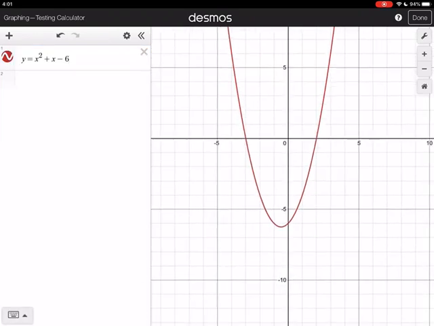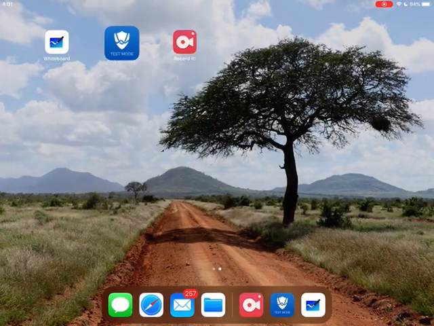You can see in Desmos, if I click on these points, the coordinates -3, 0 and 2, 0. Those two coordinates are on the graph, and that's where the graph crosses the x-axis.